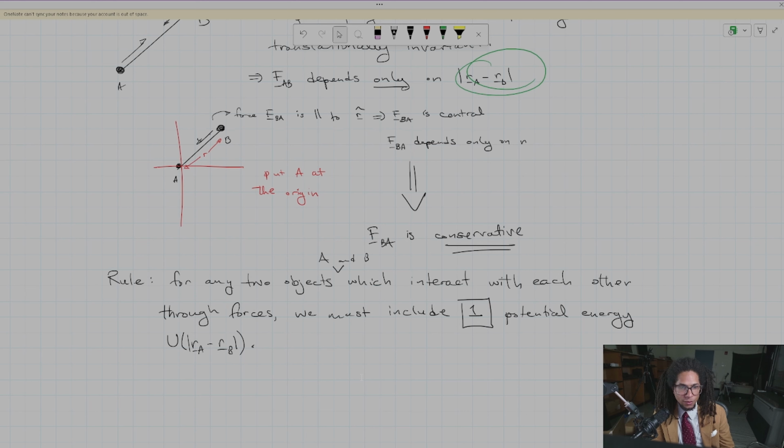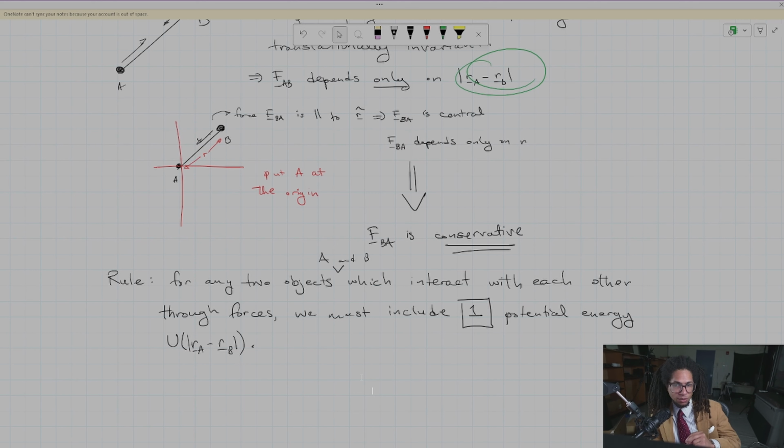Now first, we can do, roughly speaking, no work to bring object A in from infinity to its final position, let's say at the origin. The reason we don't need to do any work is there's nothing else in the universe to exert a force on object A, because object B is so far away. So object A can be brought into its position with no force, therefore doing no work. But conservation of energy tells us then that the potential energy at its final position must be zero.